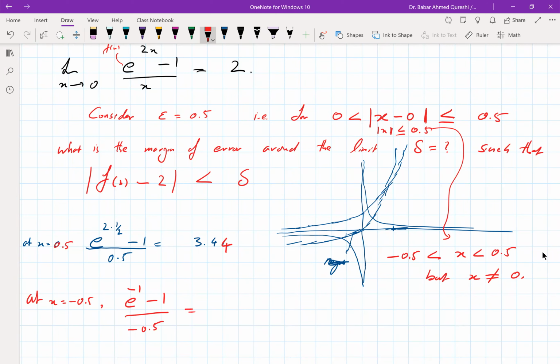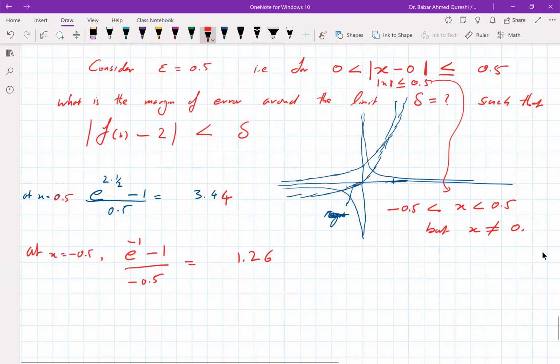This gives me 1.26 up to 2 decimal places.